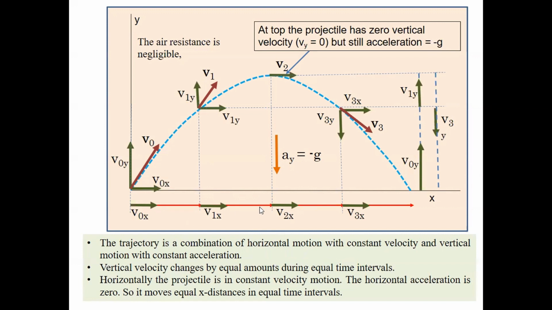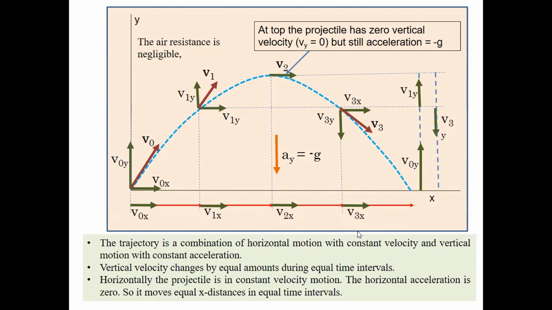For the horizontal projectile, we can see the horizontal motion is at constant velocity. This is the constant velocity motion, and the horizontal acceleration is 0. So it covers equal distances in equal times.